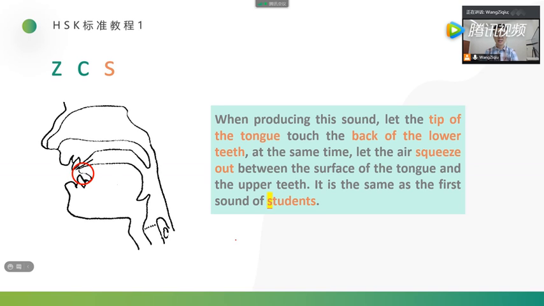For example, this is your lower teeth. Put the tip of your tongue to touch the back of your lower teeth. Then let the air squeeze out between the surface of the tongue and the upper teeth. Here. S.